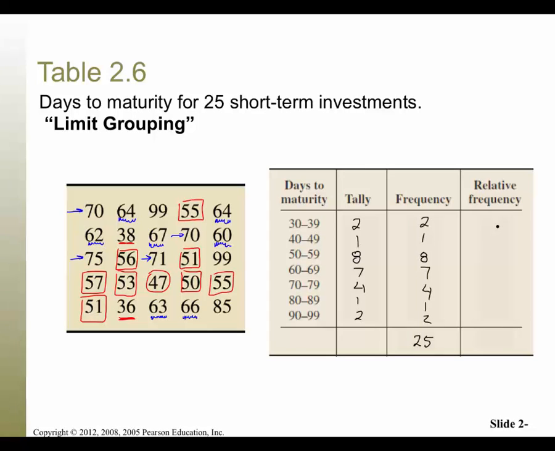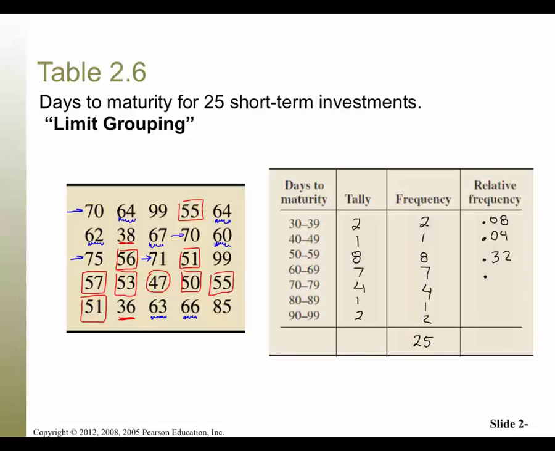So 2/25. Is that like 0.083? And then this is 0.04. 0.32.